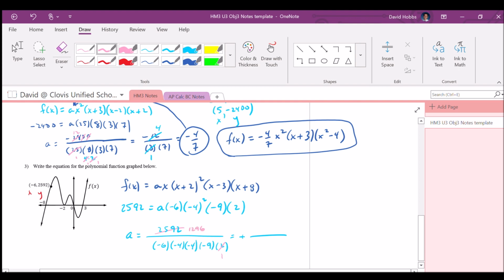And there's some 4s there. So let's just try a 4. 1296 divided by 4. That went in evenly. So 1296 divided by 4 is 324.